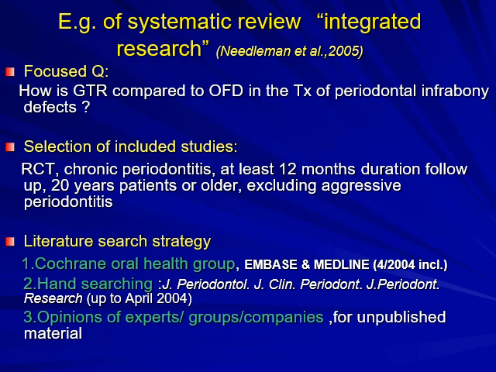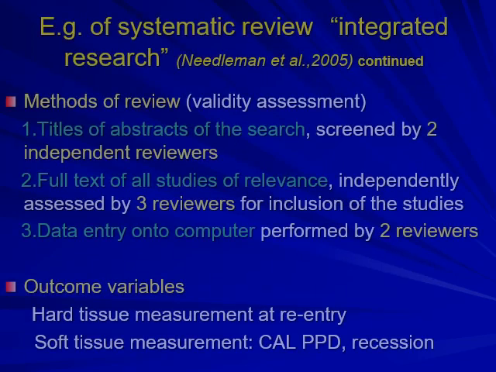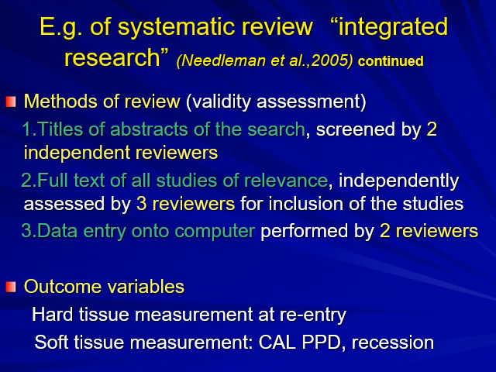So when you read a systematic review, you should know that it is valid and is not based on subjective or biased research. It is very objective and valid. Further, in the methods of review and validity assessment, titles and abstracts can be included, and they are screened not by one reviewer but by two independent reviewers.